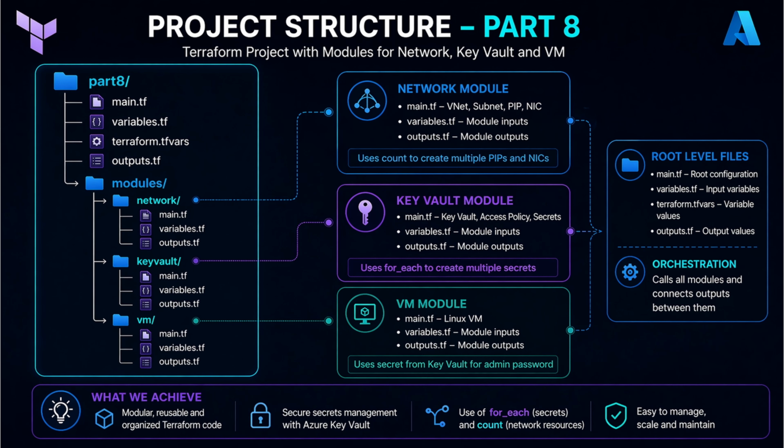And for the networking side, we'll use count to create multiple similar resources like public IPs and NICs. So this is a very practical example because we are combining security with Azure Key Vault, modular Terraform design, and real usage of for_each and count. Let's jump into VS Code and build everything step by step.